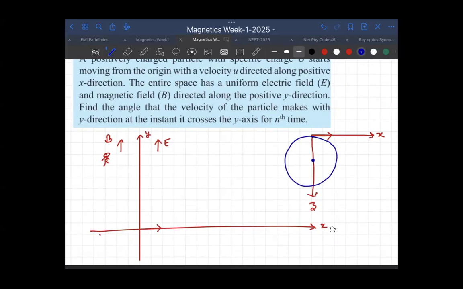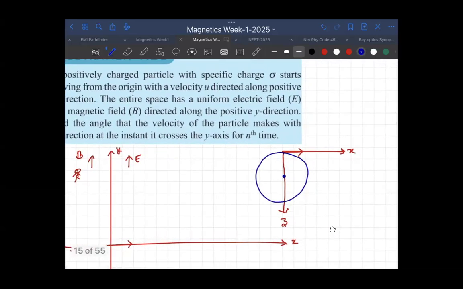At the instant it crosses, very simple. At that instant you will have two components. First of all, it is the nth time. Tell me the time. Time is 2 pi m by bq. And nth time, so therefore t is 2 pi nm by bq.